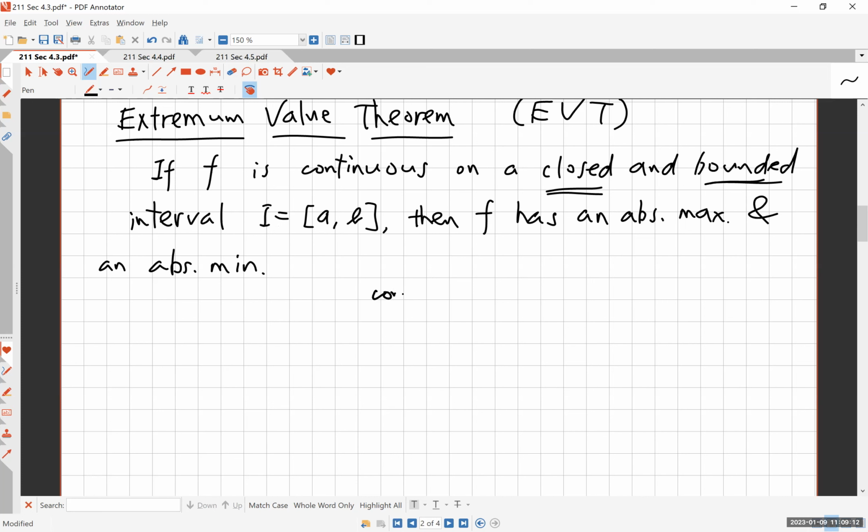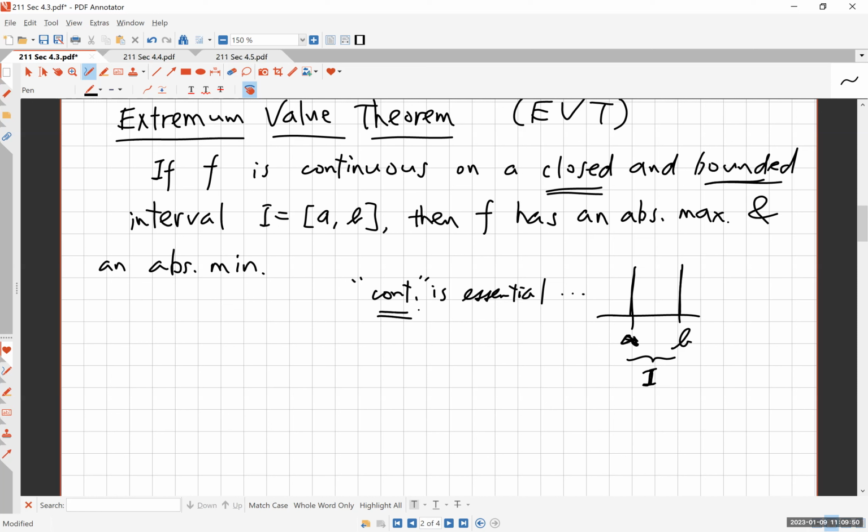Oh, continuity is also essential, and the reason, I think, is easy to see. I can create a function that's not continuous on a closed and bounded interval from A to B that does not have an absolute maximum or minimum. Actually, think about this. Find a function defined on this closed and bounded interval from A to B, which does not have an absolute maximum or absolute minimum.